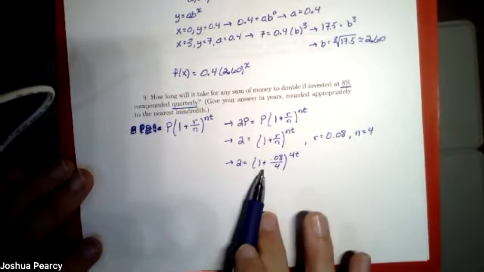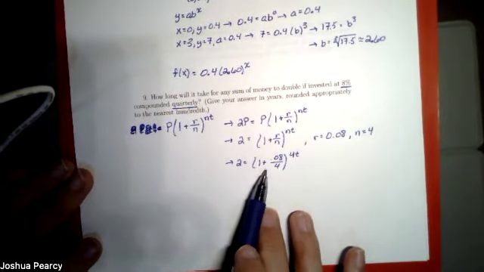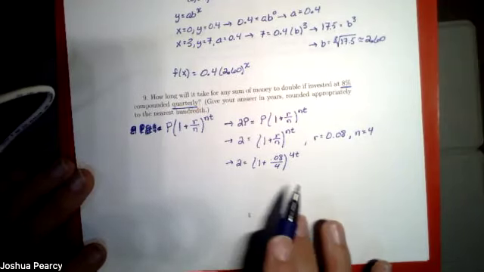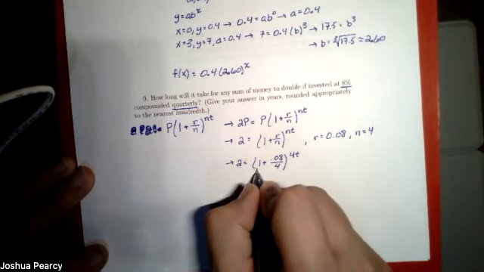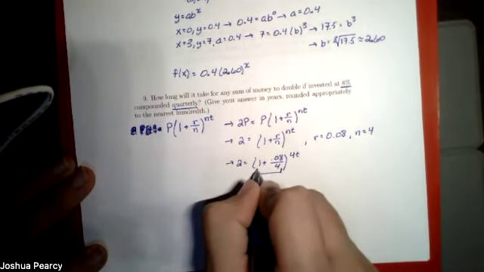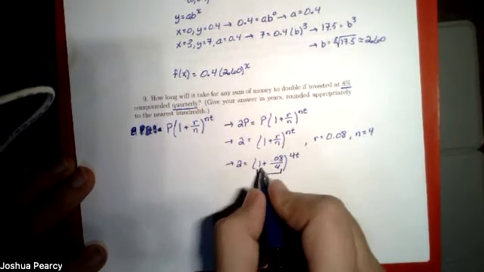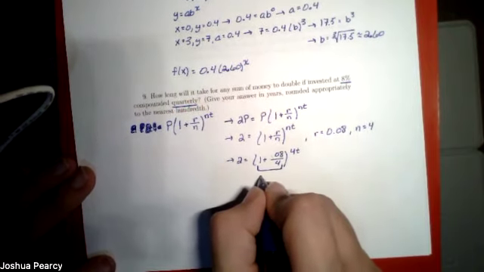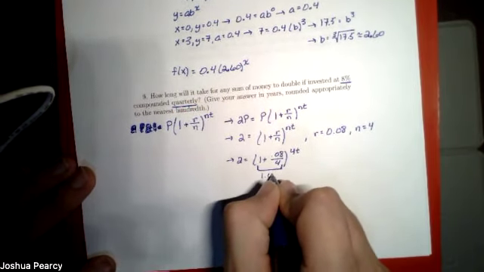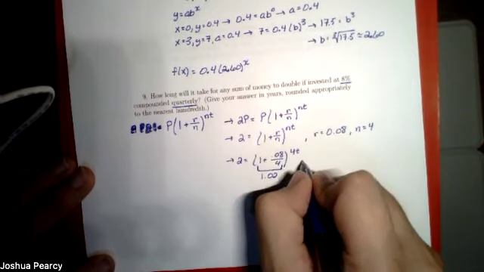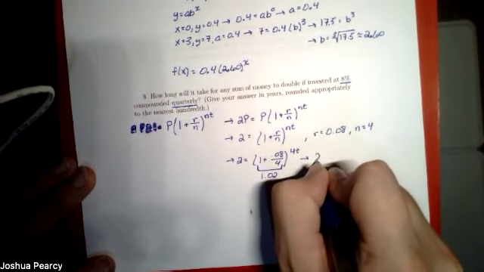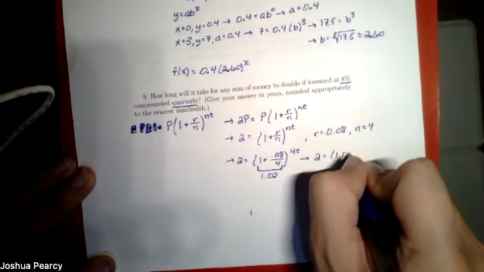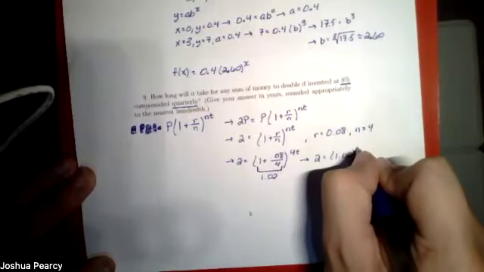Before taking the log of both sides, let's simplify the inside. 0.08 over 4 is just 0.02, so this is just 1.02. So this is written as 2 equals 1.02 to the 4t.